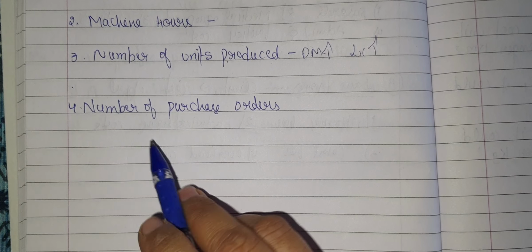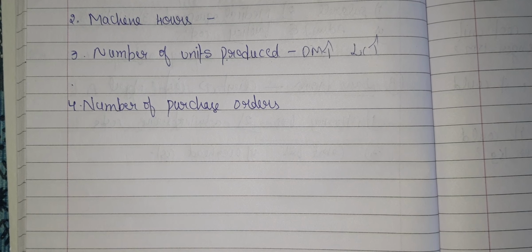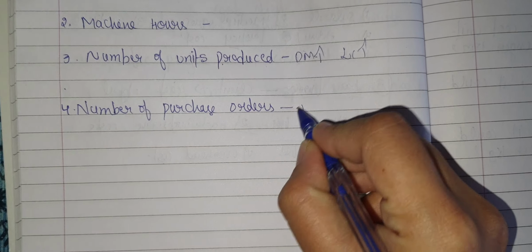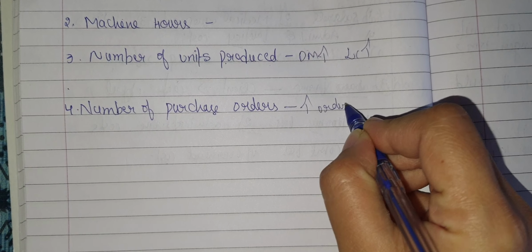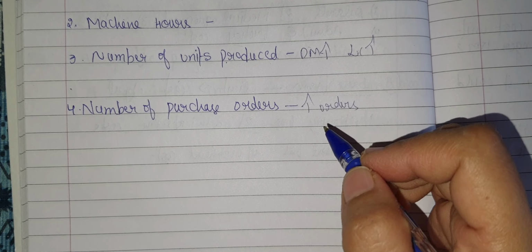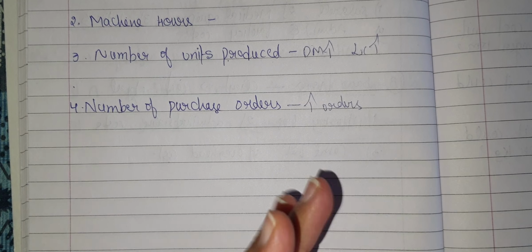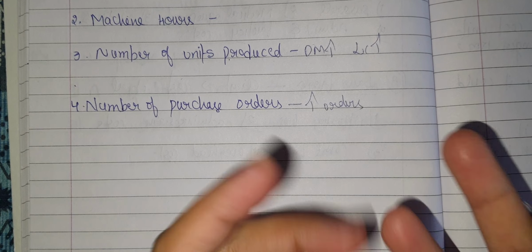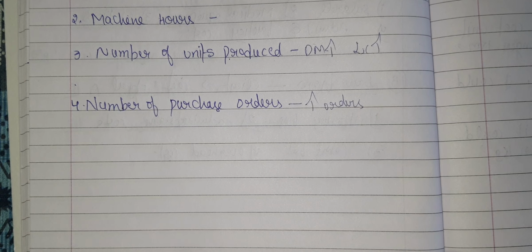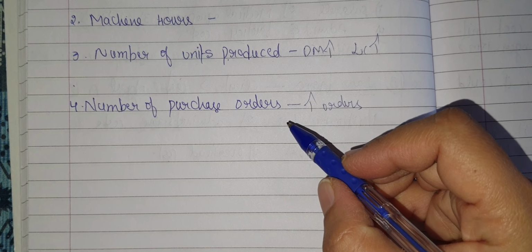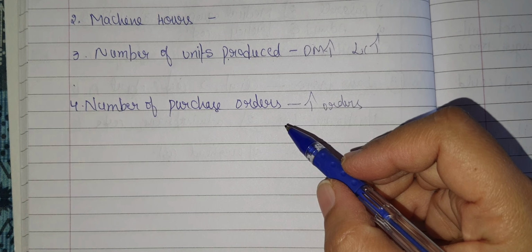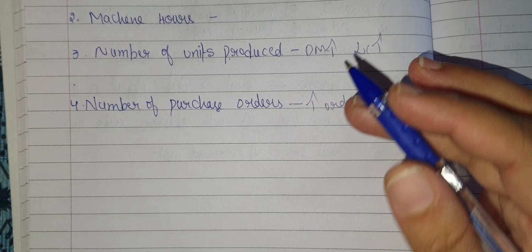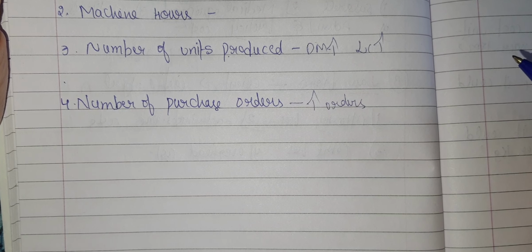And the fourth example, number of purchase orders. More orders means higher procurement cost. So number of purchase orders is another cost driver that causes or influences a change in the cost of an activity.